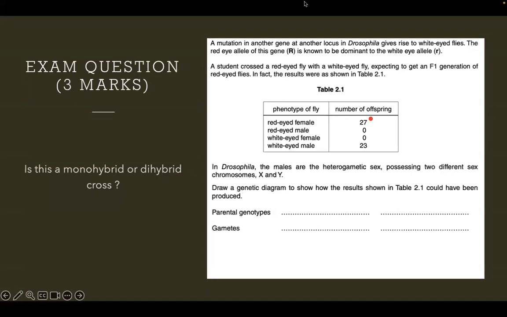So red are females. So I'll just give you one more minute to have a go at that question. And then if you don't mind putting it in the chat what you think the answer is.